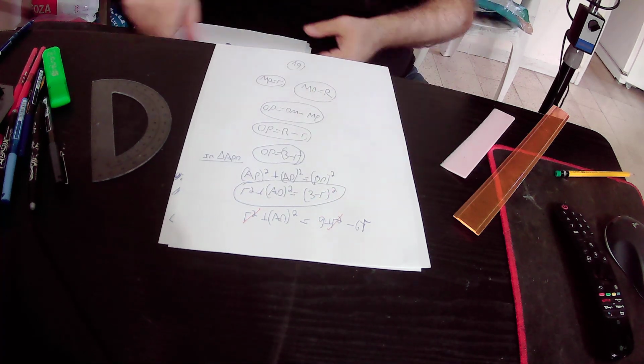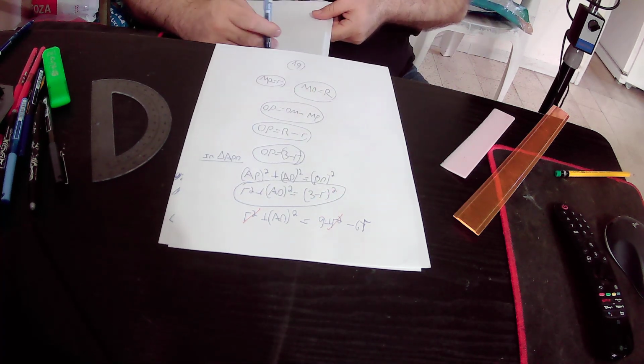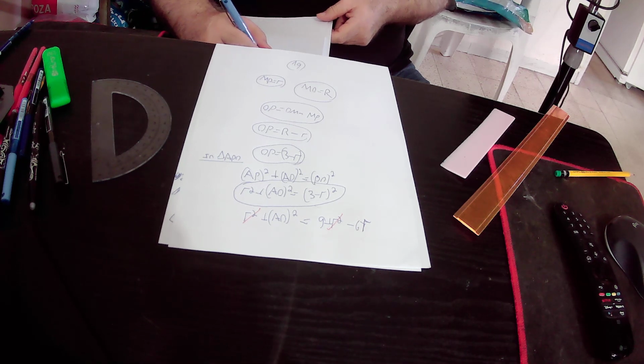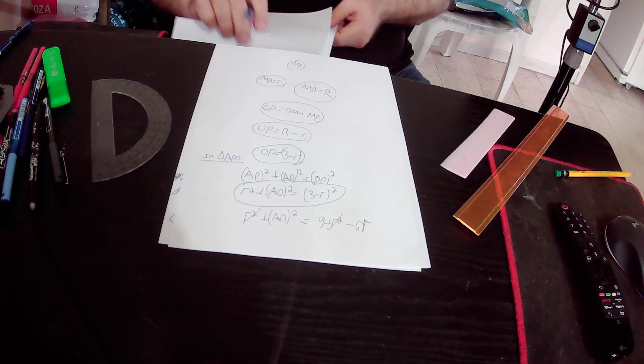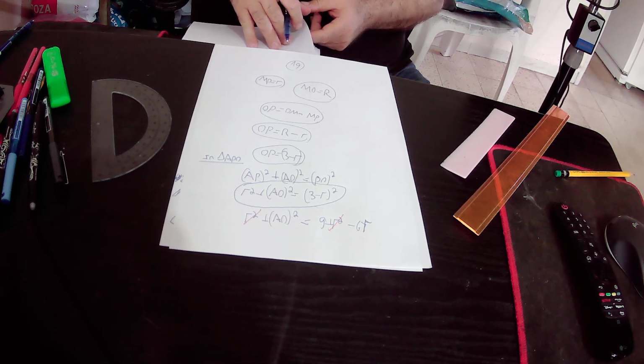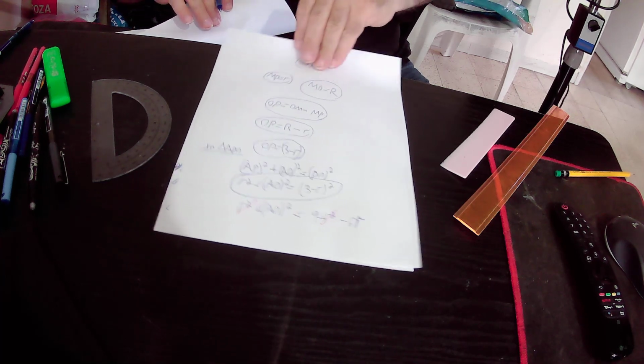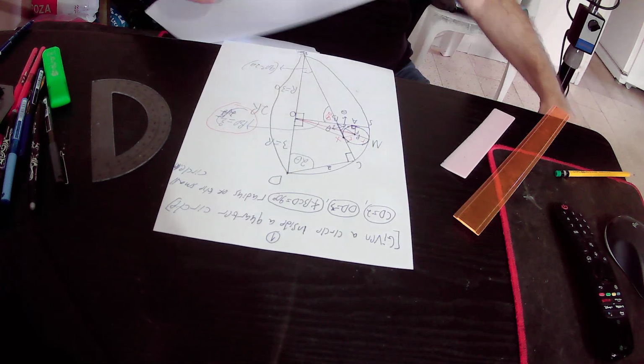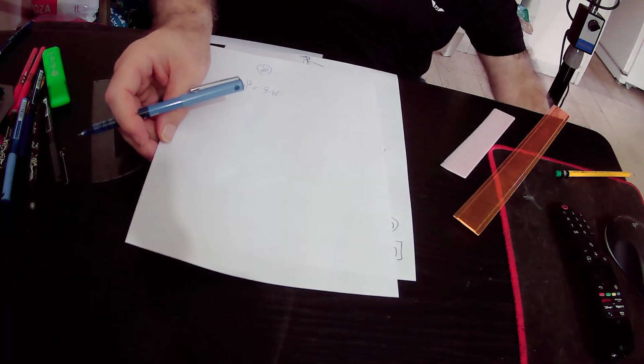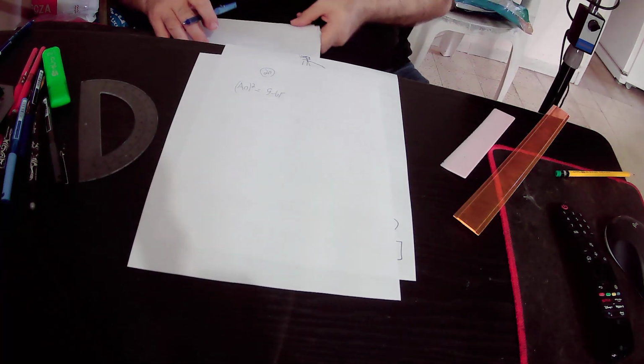And what is left after we cancelled r squared? What is left is AO squared equals 9 minus 6r.